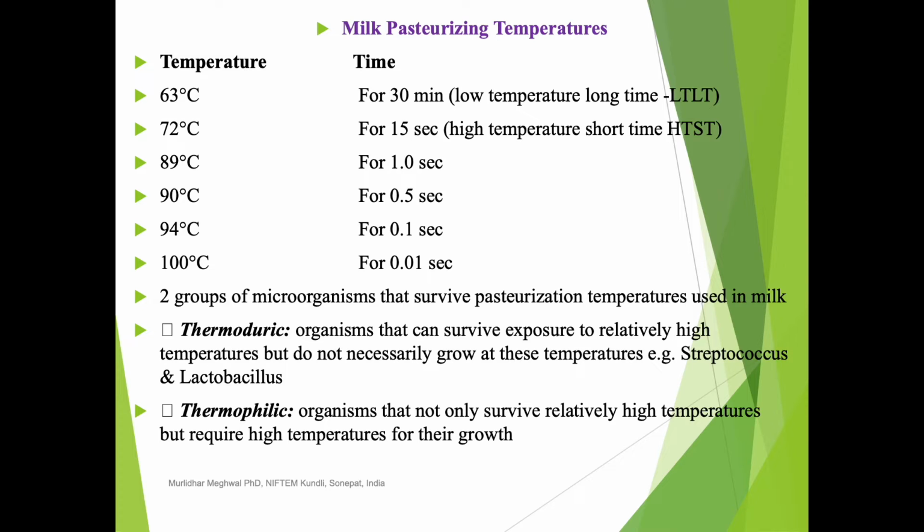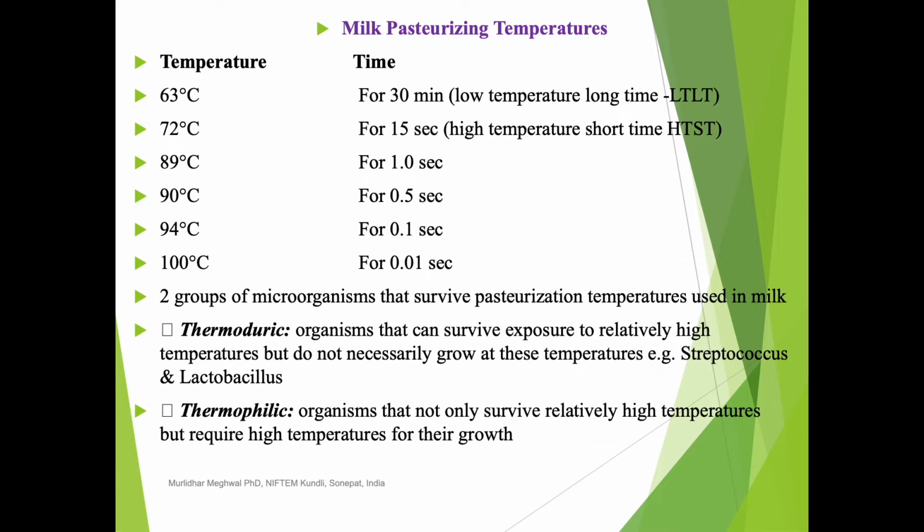Further examples of the HTST process are 89 degrees Celsius for 1 second, 90 degrees Celsius for 0.5 seconds, 94 degrees Celsius for 0.1 second, or 100 degrees Celsius for 0.01 second. That is flash pasteurization.